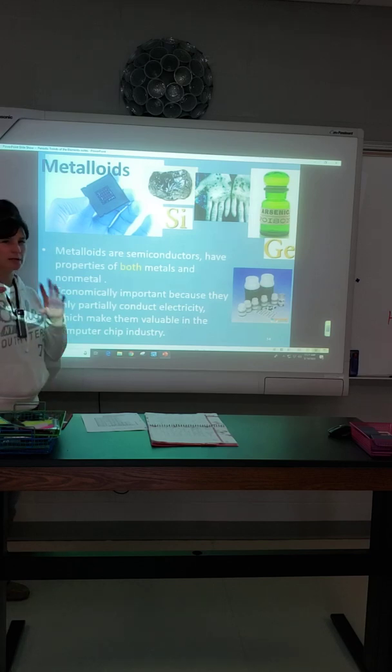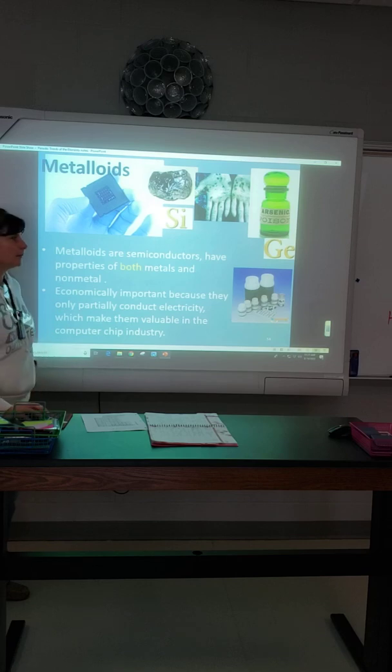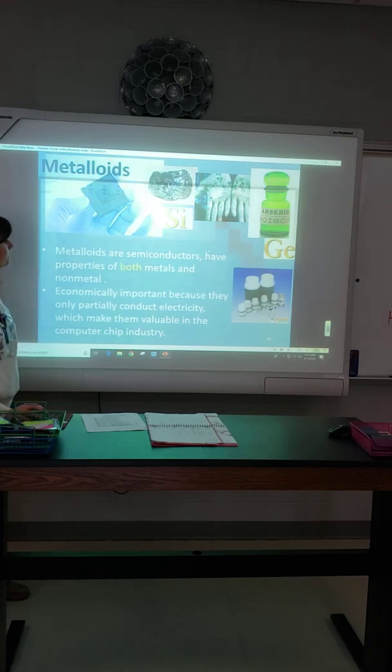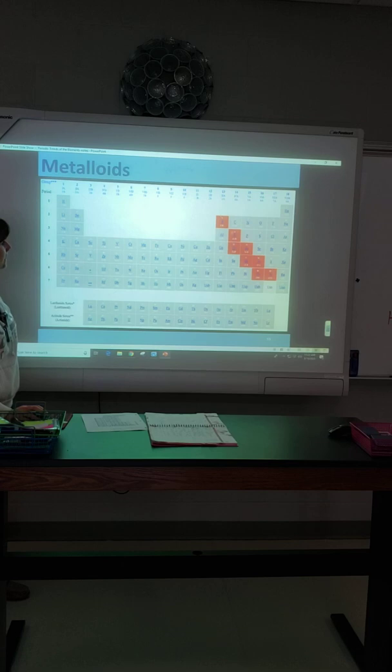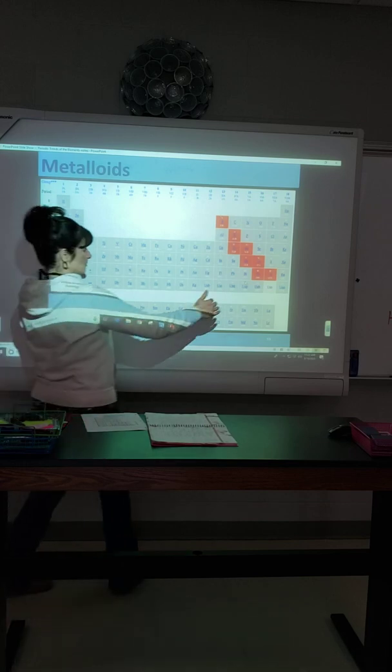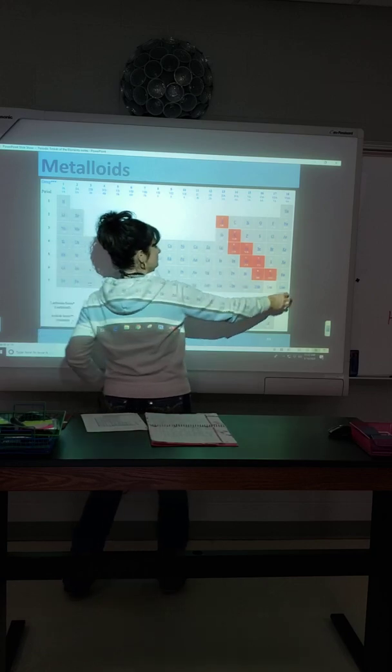Sometimes they don't, and so they can use those properties to help make things pretty convenient, where you don't want just a metal and you don't want just a non-metal. Okay. And here are the metalloids, and it makes sense that they are the border between the metals and the non-metals.